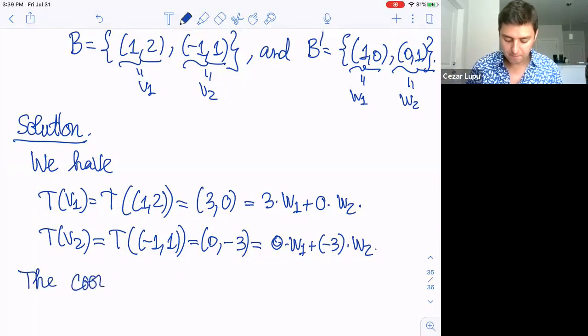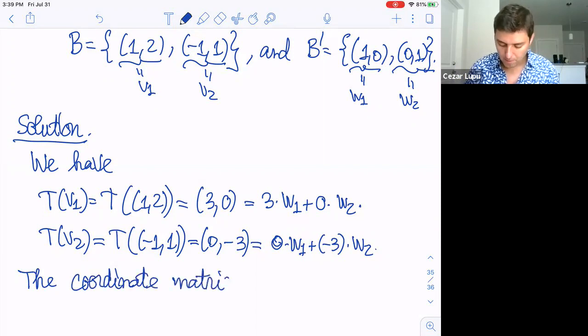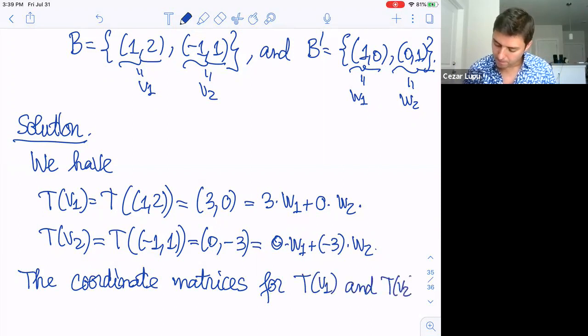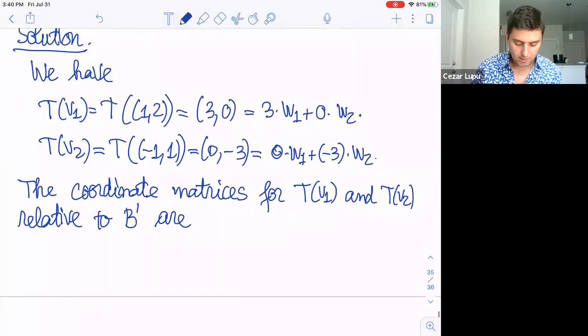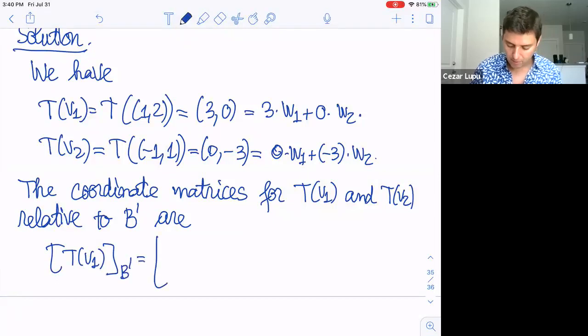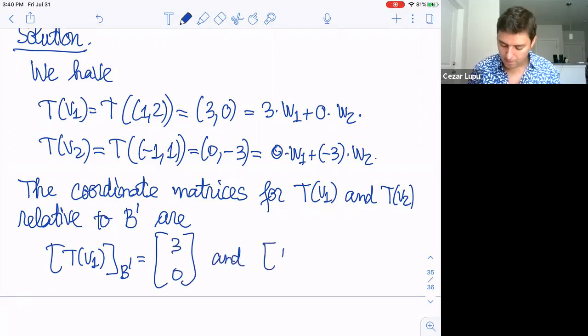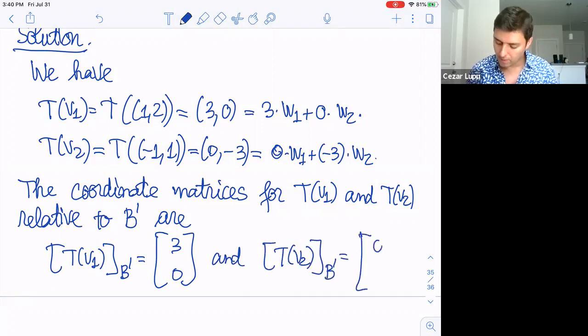Therefore, the coordinate matrices for T of V1 and T of V2 relative to B prime are, for T of V1, we'll put this 3, 0 as a column, and T of V2, which will be 0, negative 3.